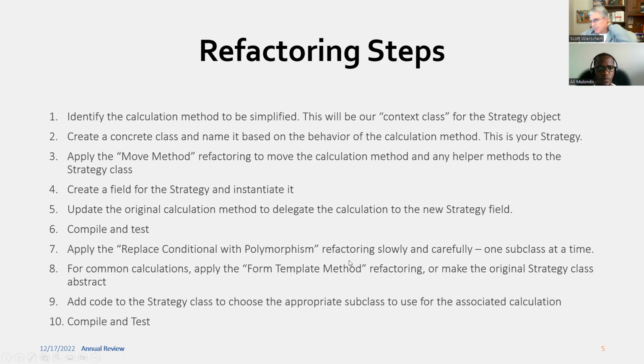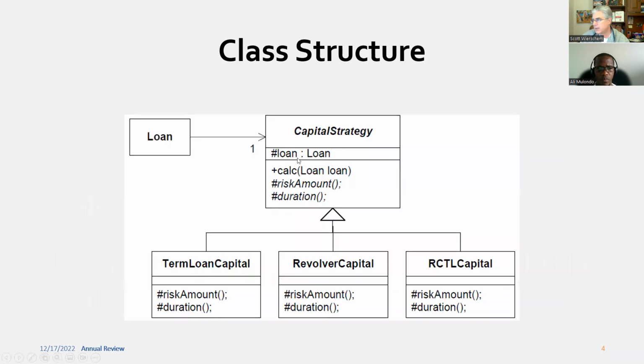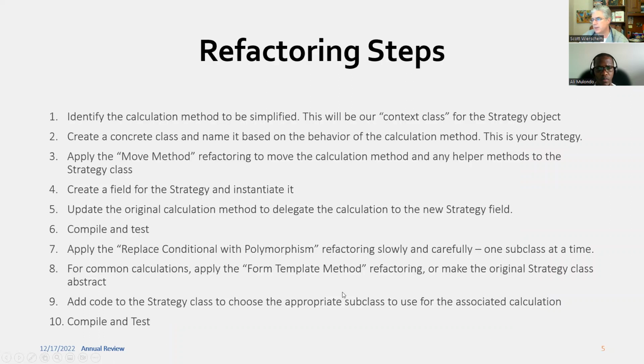And then, if you've got common calculations, you use the form template method refactoring, and you make the original strategy class, you make these functions abstract. Like here, this risk amount is abstract because it's going to be implemented by one of these, and the duration is going to be implemented by one of these.